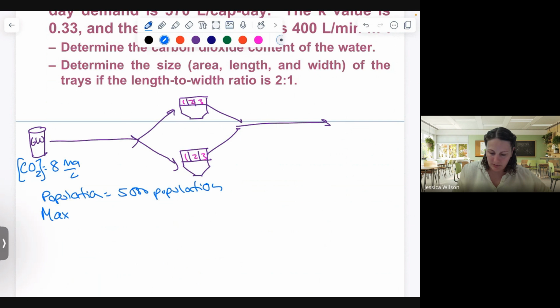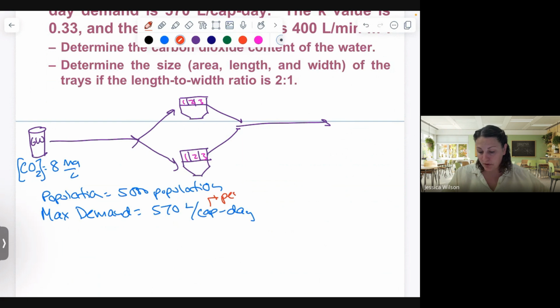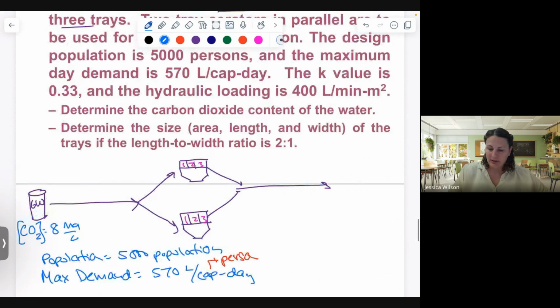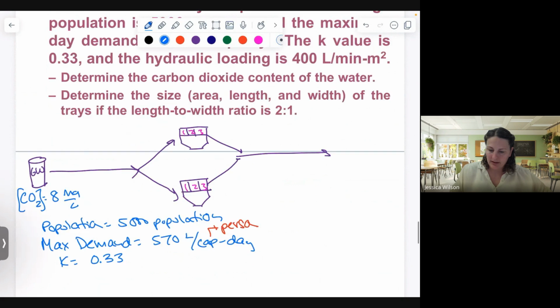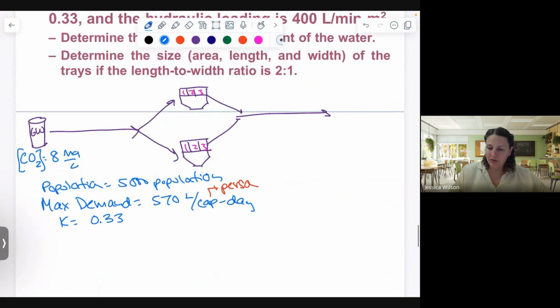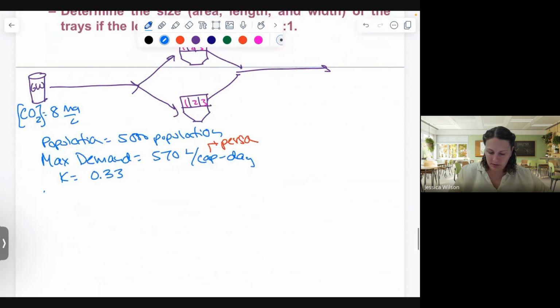That's per capita, which just means per person, if you haven't seen that term before. The K value is 0.33. And the hydraulic loading is 400 liters per min per square meter.